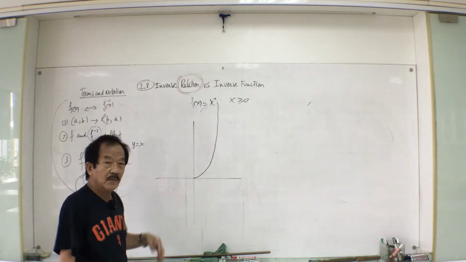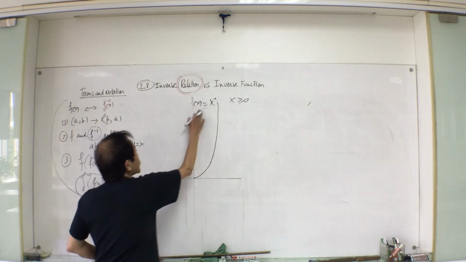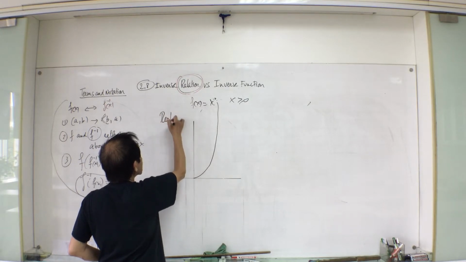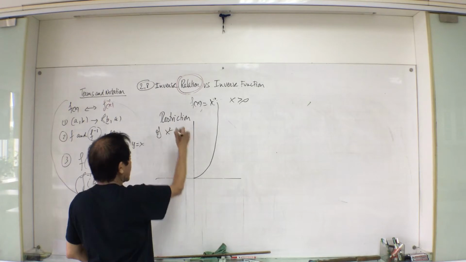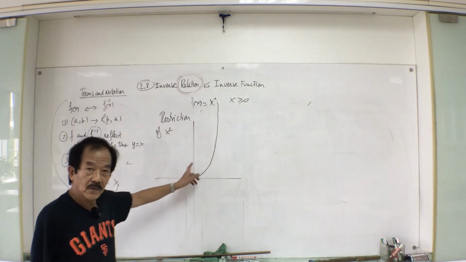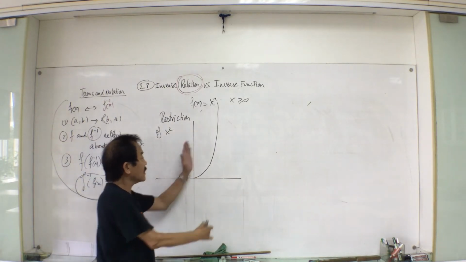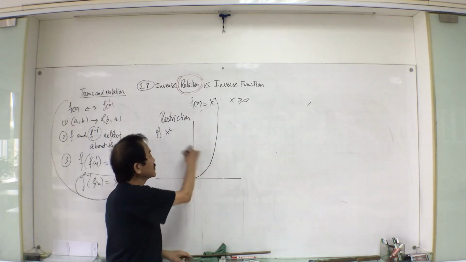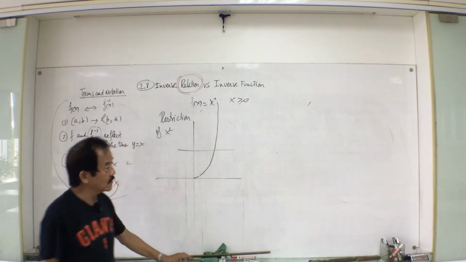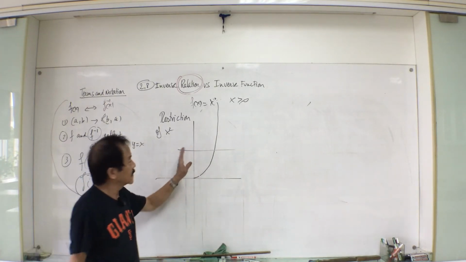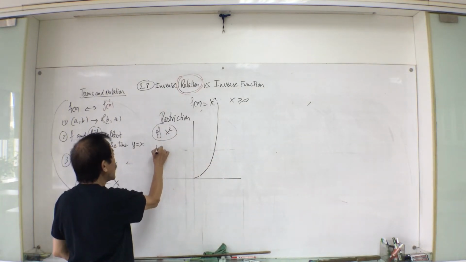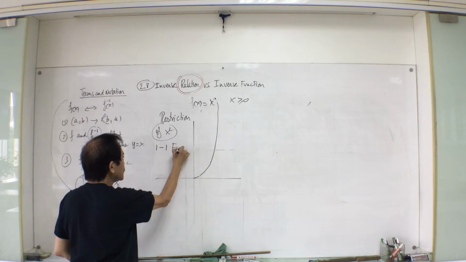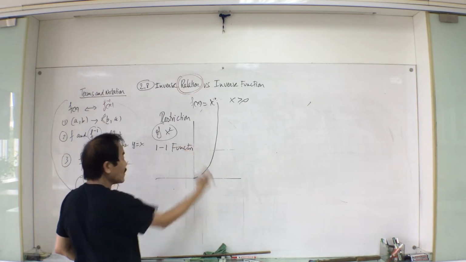So we call this the restriction of x squared. Now this is a one-to-one function, because x squared is already a function, but after I restrict it and draw the horizontal line test, it crosses only once. So it becomes a one-to-one function. Now it has an inverse.